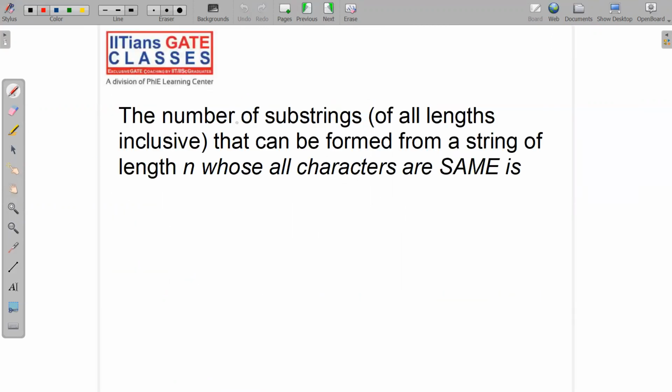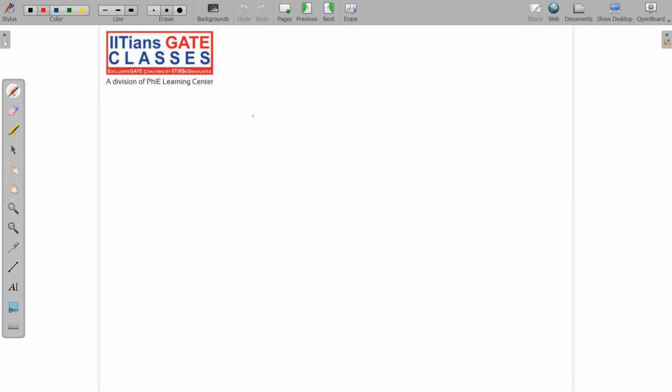The next question is: the number of substrings, all lengths inclusive, that can be formed from a string of length n whose characters are all the same. If all characters are the same, then how many substrings will be there? Again, this is a very simple question. Let's first take an example, then we will jump to this question.